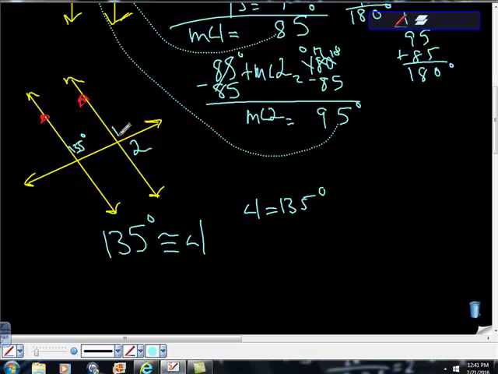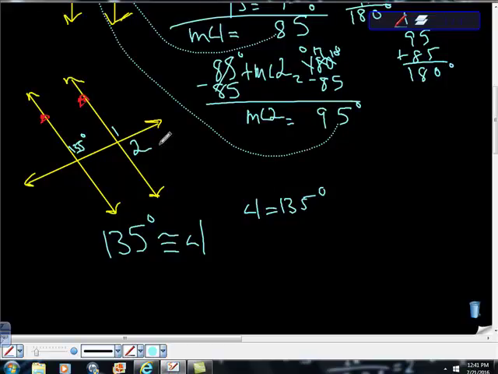And then angle 1 and angle 2 are consecutive interior angles, I think. Hang on one second. Oh no, they're not, I'm sorry, they're not consecutive interior angles because they're not inside, but they are supplementary angles. My mistake.